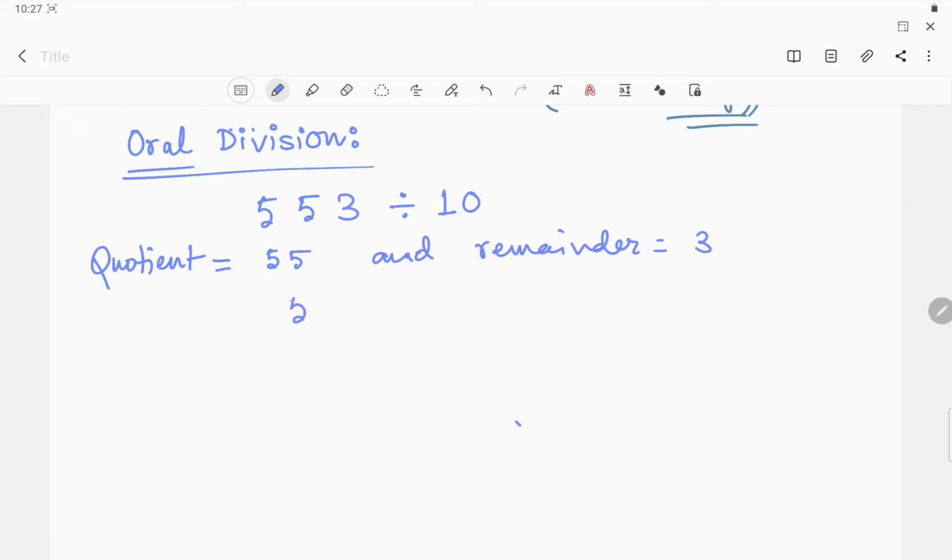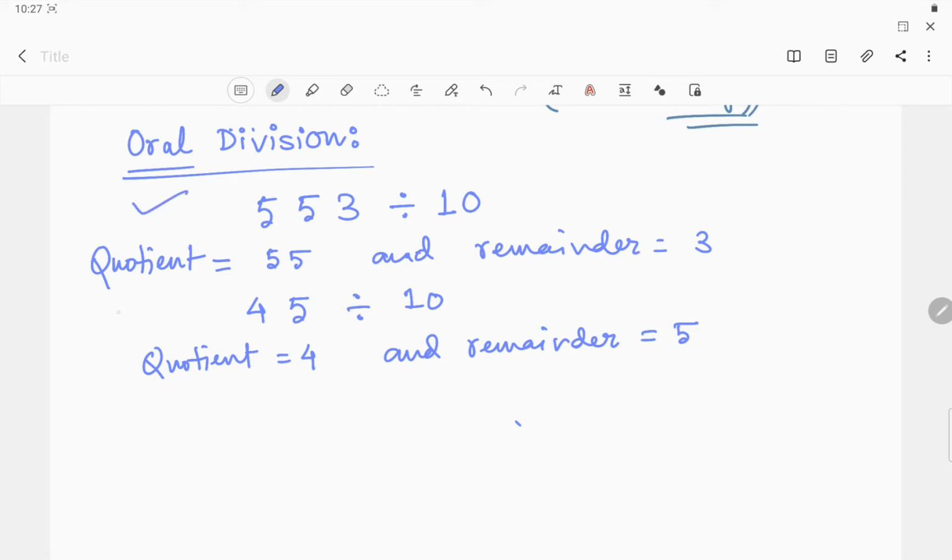If I take 45 and I am dividing by 10, here quotient will be 4 and remainder will be 5.